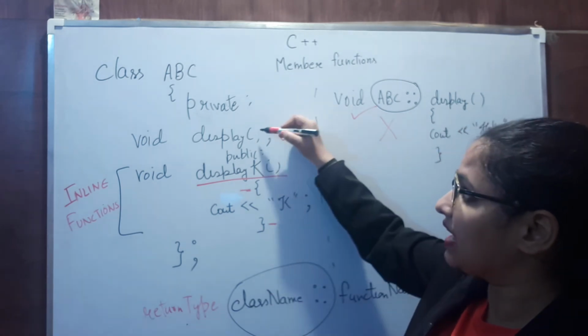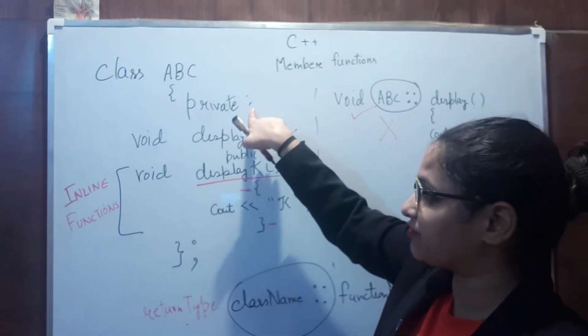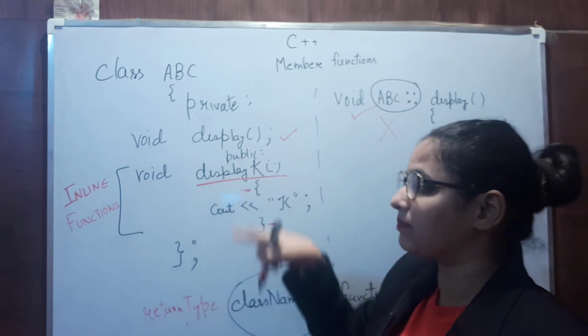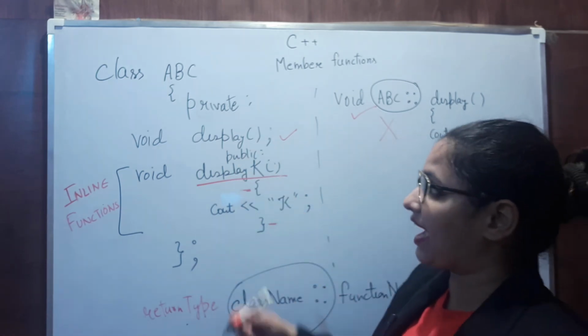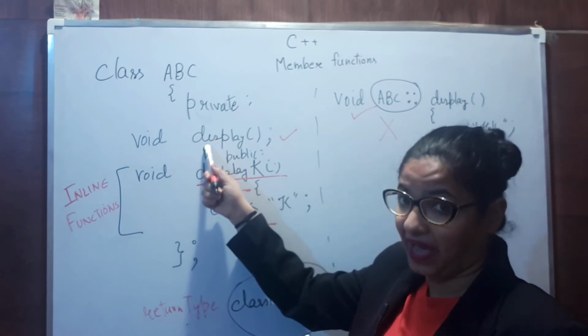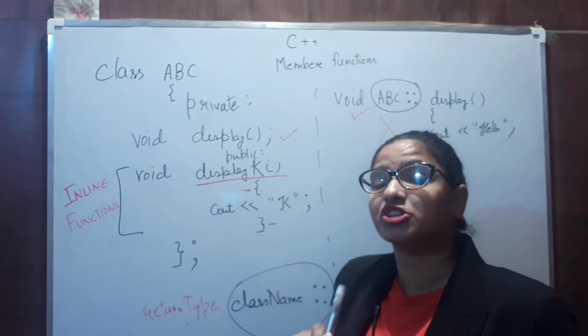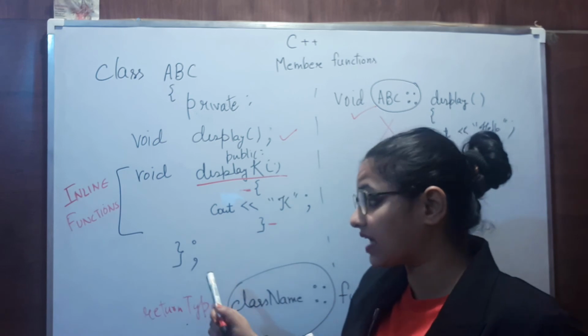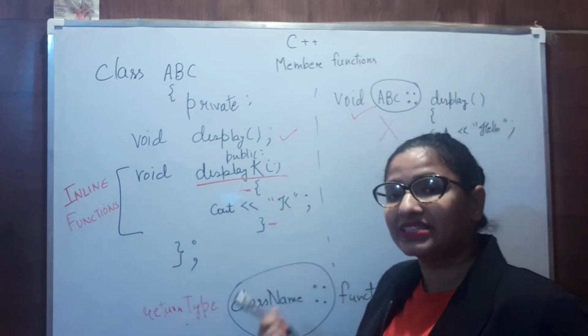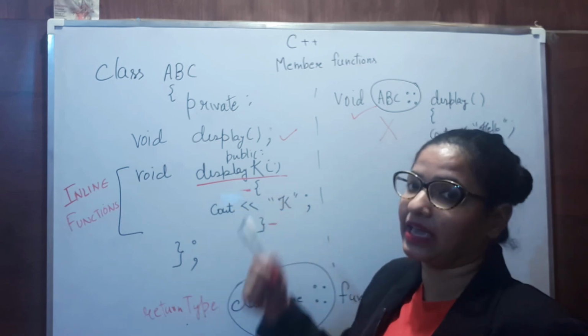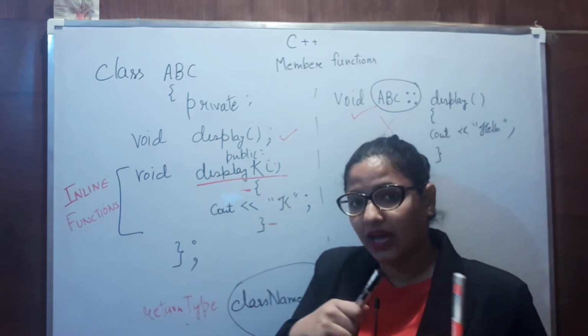So as you can see, display has become private function and displayK has become public function. When you are declaring any function as private, that means that function cannot be accessed outside the class. The things which are placed in public section, for example displayK, can be accessed outside the class.